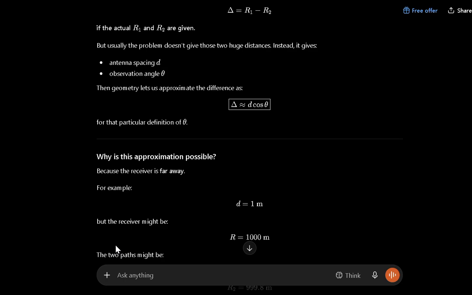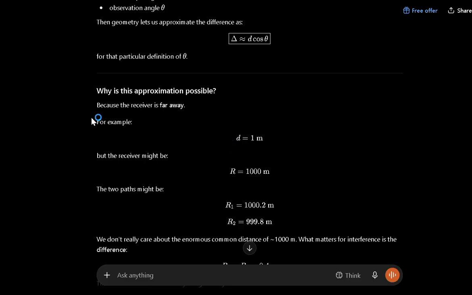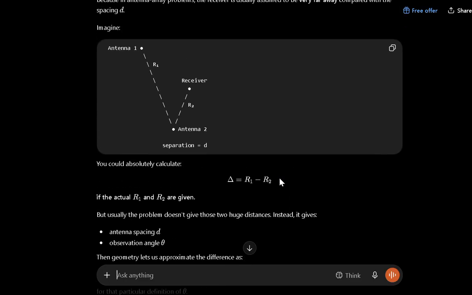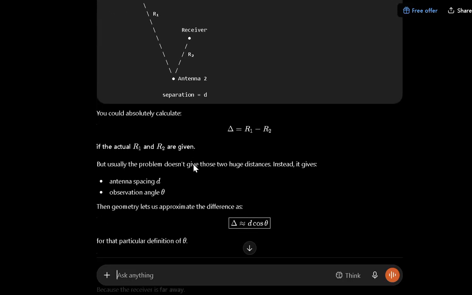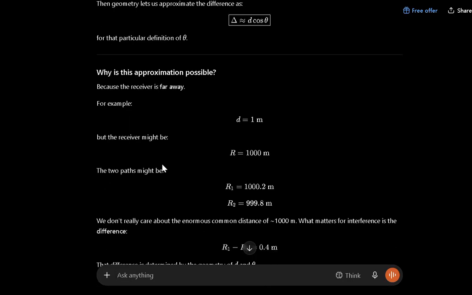Because the receiver is far away. For example, d equals 1 meter, but the receiver might be r equals 1000 meters away.